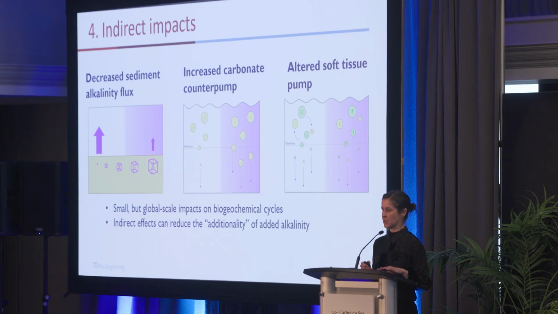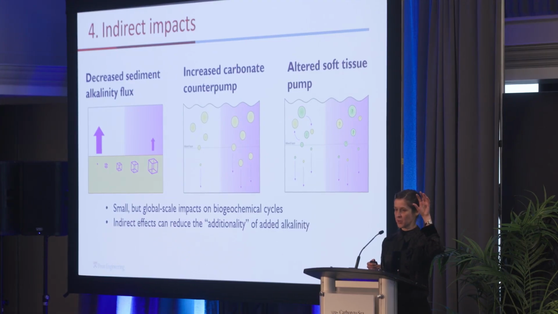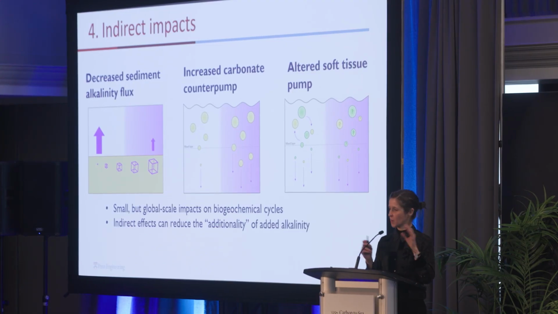The same thing happens in the water column. So that center figure there is referring to the carbonate counterpump. This is a natural process that occurs when calcifying organisms make their shells in the upper ocean. They die and they sink and they export that alkalinity into the deep ocean. So that's happening all the time.